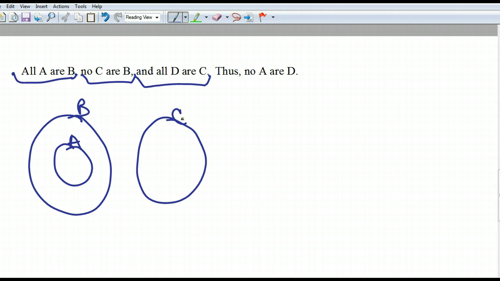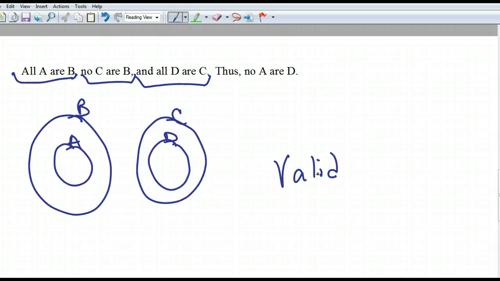And then the last one says all D are C. I said it wrong. So that would go in here. The answer says, thus, no A are D. Is that true? Yeah, so this is a valid statement. There's no other way to write this one. All right?